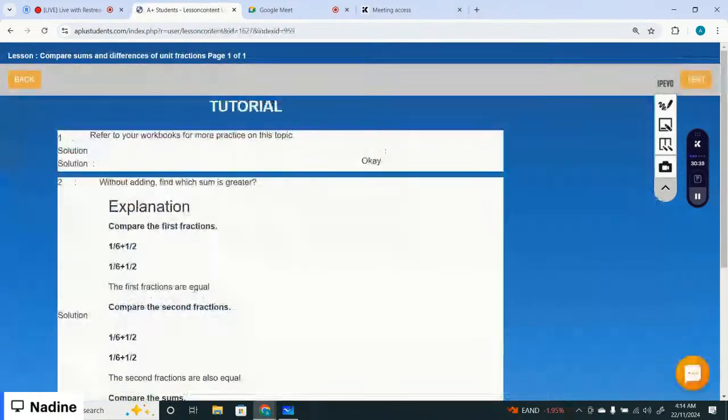Compare sums and differences of unit fractions. Without adding, find which sum is greater: 1 by 6 plus 1 by 2, and you have to compare it to the other sum.